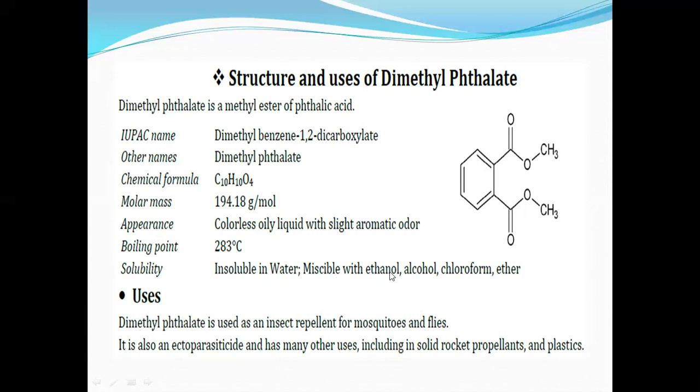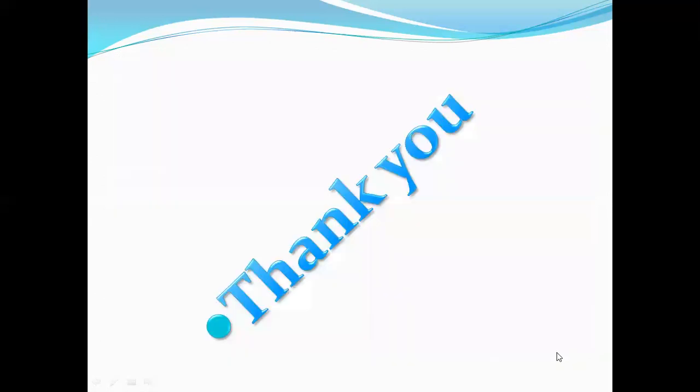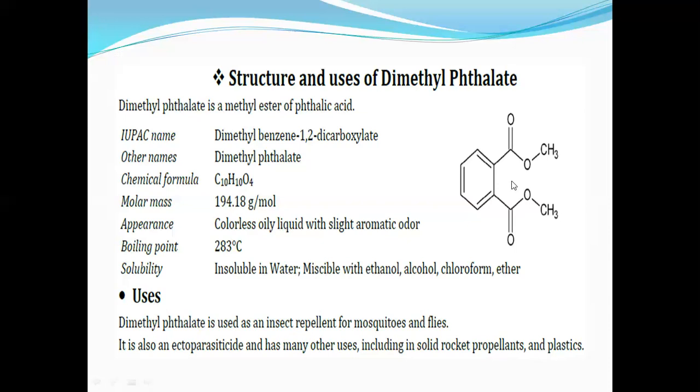Uses of this dimethyl phthalate molecule: it is used as an insect repellent for mosquitoes and flies. It is also used as an ectoparasiticide, and its uses include solid rocket propellants, the generation of inhaler products, as well as the plastic industry. So these are some of the applications of the esterified form of phthalic acid, that is dimethyl phthalate.